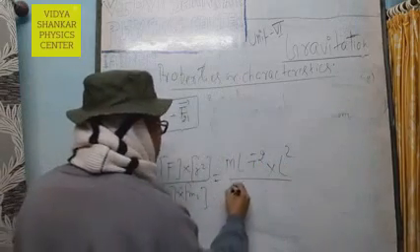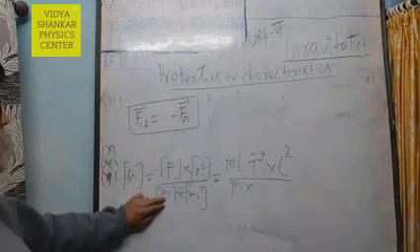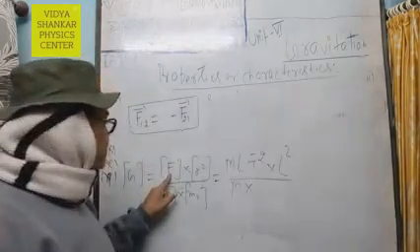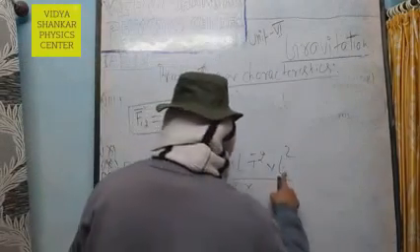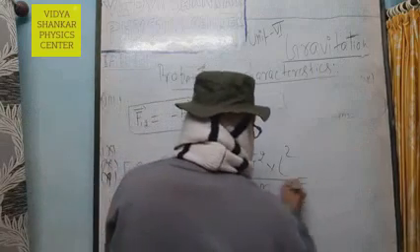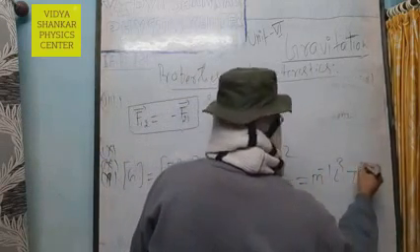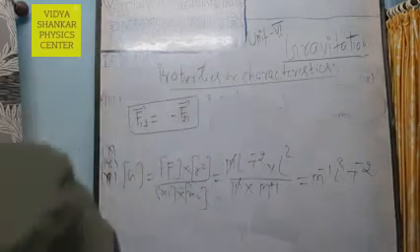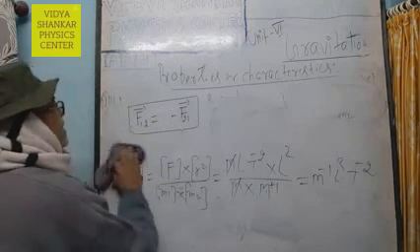The dimension of mass is capital M, and the dimension of distance is capital L. M1 and M2 give M squared, so M cancels, leaving M to the power minus 1. So the dimensional formula of G is M minus 1, L3, T minus 2. It is very important for JEE Mains and NEET examinations.